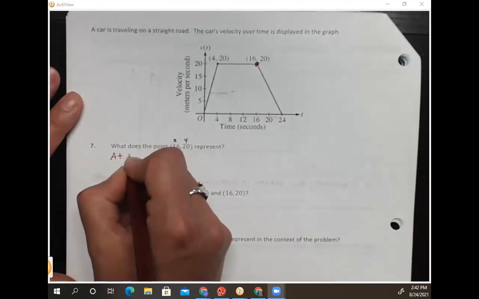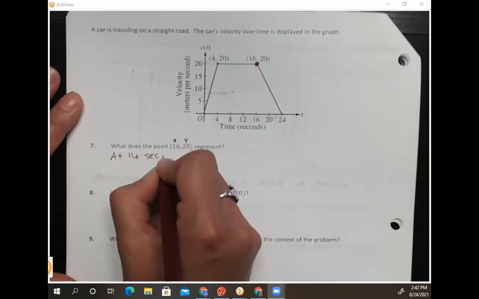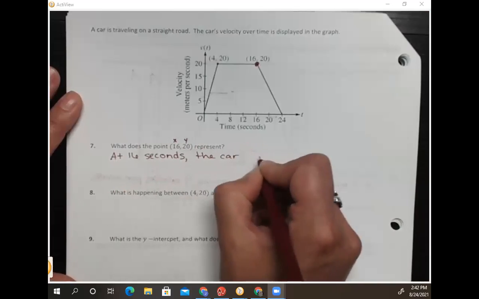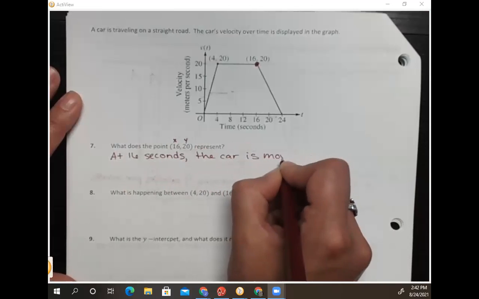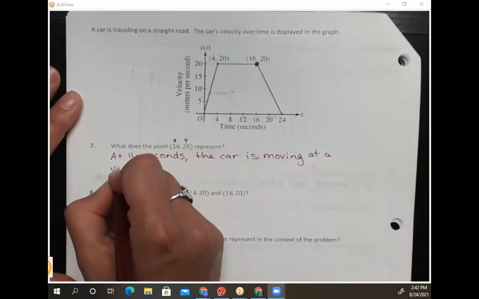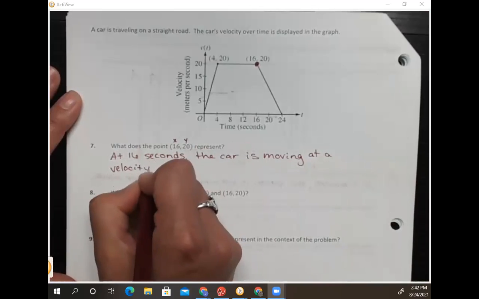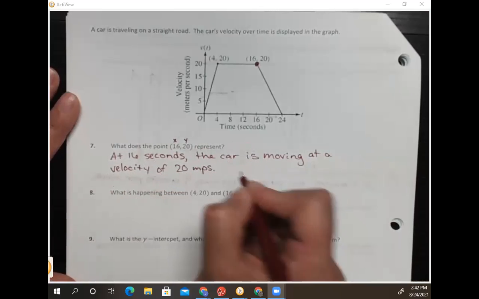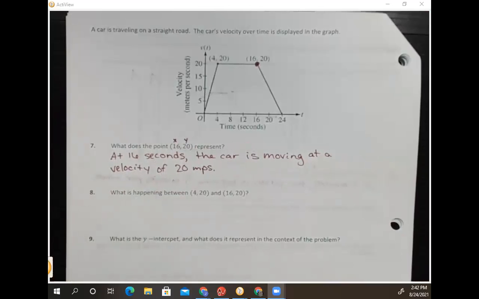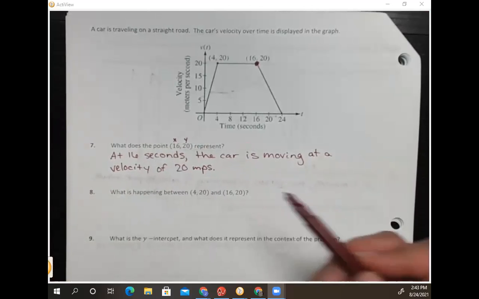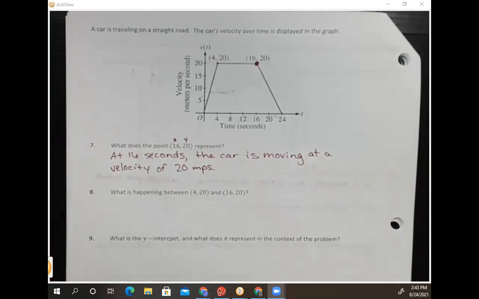So at 16 seconds, the car is moving at a velocity of 20 meters per second. If you phrase this a little differently than I did, that's okay, as long as your labels are appropriate. 16 seconds and 20 meters per second as our velocity.